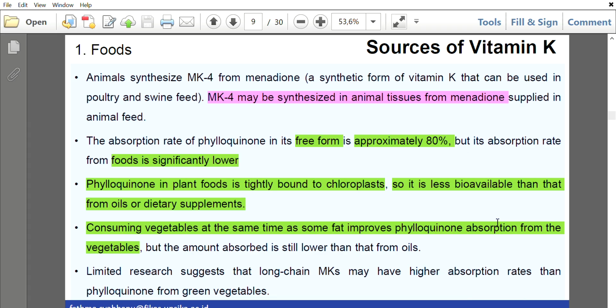Consuming a vegetable at the same time as some fat, like virgin oil or palm oil, can improve phylloquinone absorption from the vegetable, but the amount absorbed is still lower than that from oils. Limited research suggests that long-chain MKs like MK9, 10, 11, 12, 13 may have higher absorption rates than phylloquinone from green vegetables.